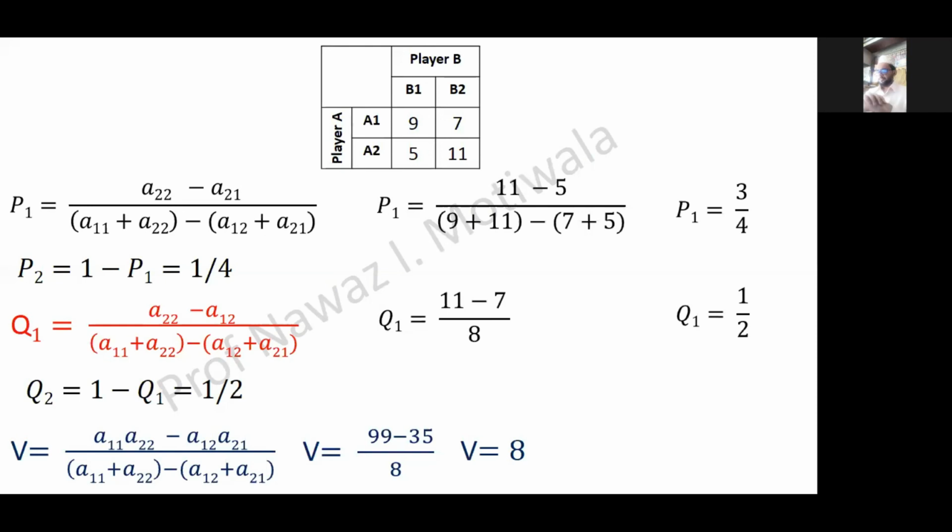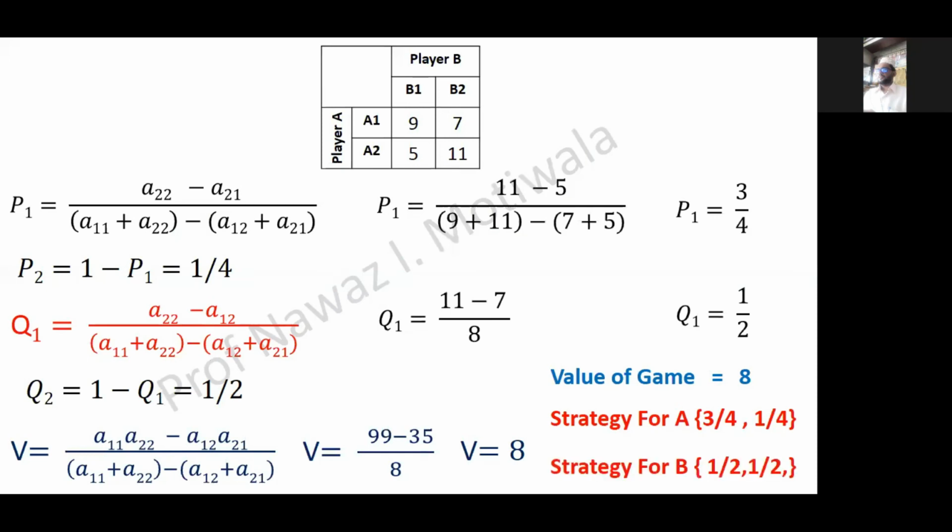So after finding all these values, now the next step is to write the answer. One answer we have already written, that value of the game is equal to 8, and the strategy will be, as I got for P1, the answer as 3 by 4. So I will write the first strategy answer as 3 by 4 and the second strategy will be 1 by 4. And similarly for B, I will write 1 by 2 comma 1 by 2.